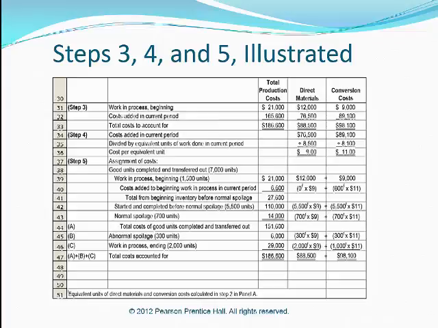However, when we go about calculating our equivalent units price per unit, we will not be including the work in process beginning dollars for direct materials and conversion cost. We're going to wait to use those line 31 numbers until we get down to step 5.